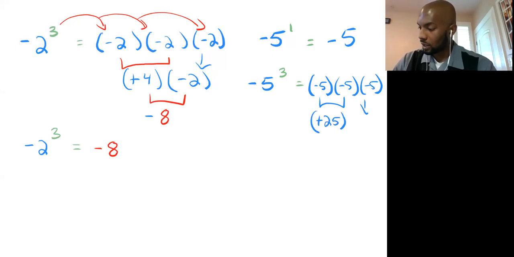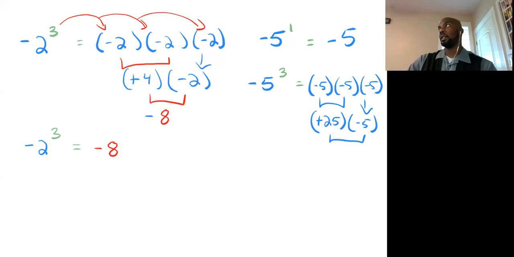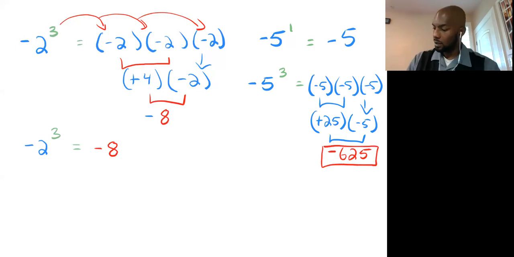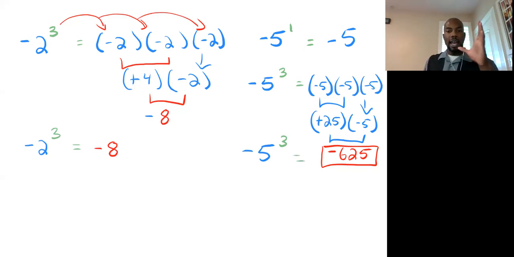Positive 25, times negative 5 is negative 125... excuse me, times negative 25 is negative 625. There you go. Negative 5 cubed is equal to negative 625. So any negative number to an odd number exponent will give you a negative number.